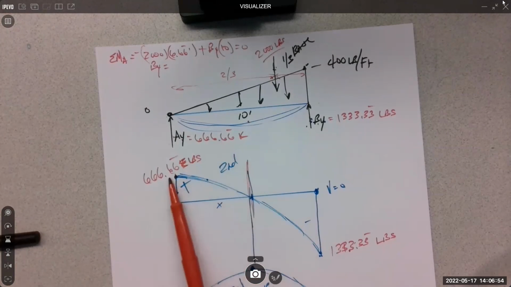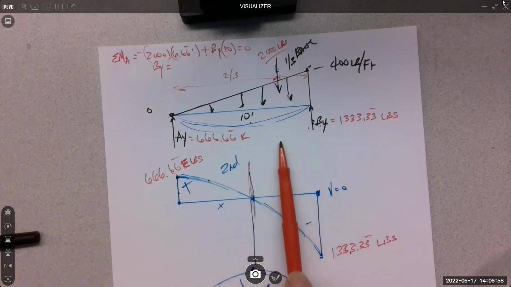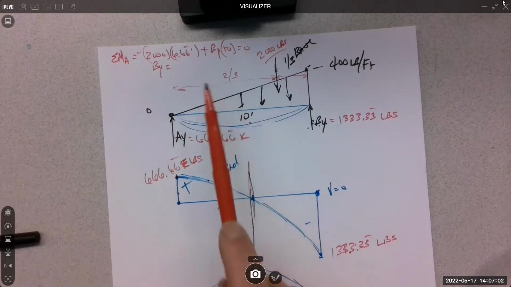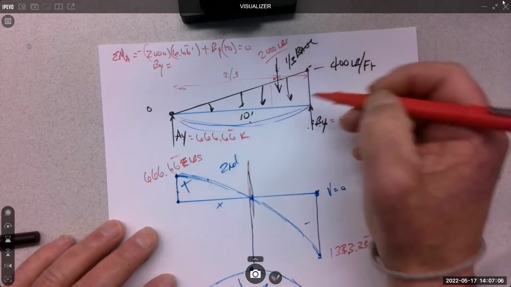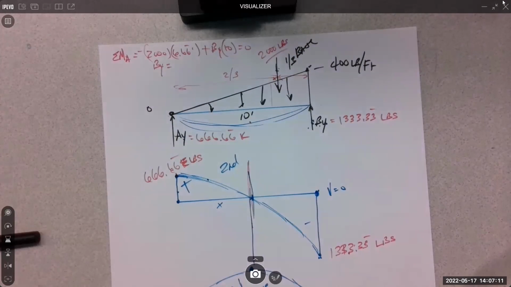So it's not where the 2,000 is. It's where this area and this area are equal. Like where's the halfway point, right? So it could be where the 2,000 is. Yeah, it would be 2/3 and 1/3 for sure.